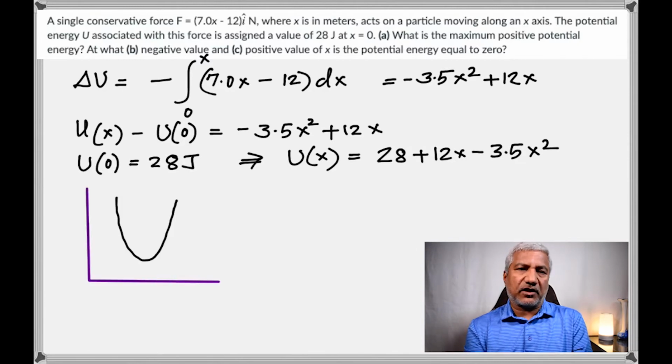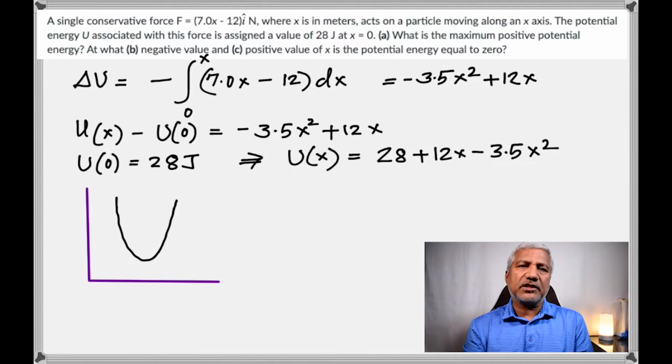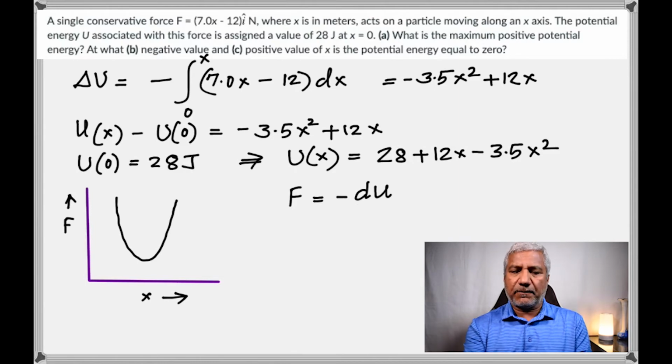Now we know that's a quadratic equation, so if you draw a graph of potential energy as a function of x, this is what we're going to get. And once you get that graph, on the y-axis you have force, and on the x-axis you have displacement, or x.